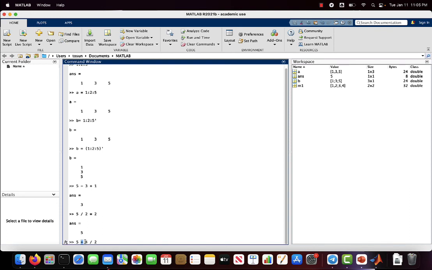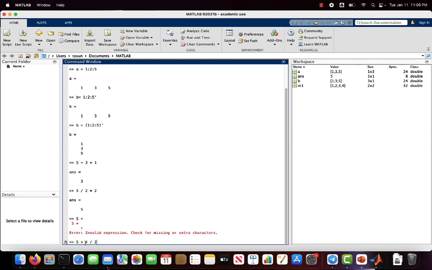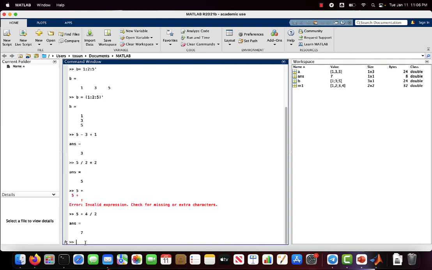So it will do the division first and the addition later. So 4/2 will be 2 and 5 plus 2 will be 7. Yes, the result will be 7.